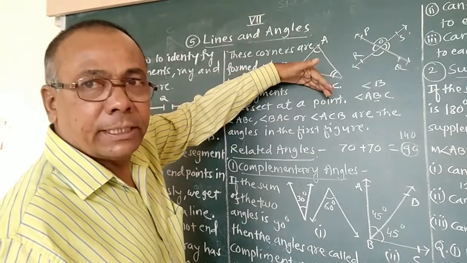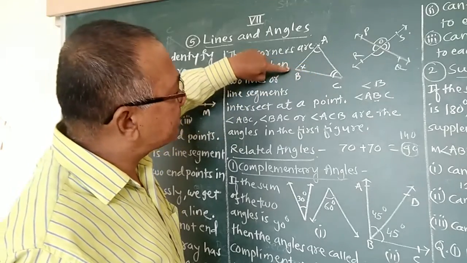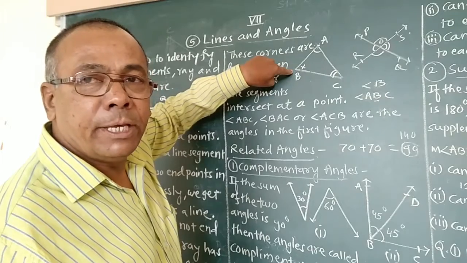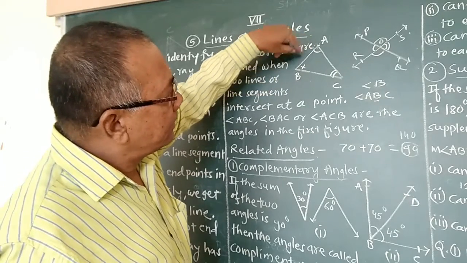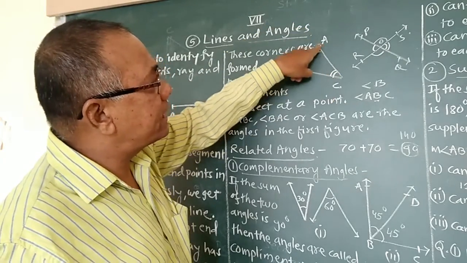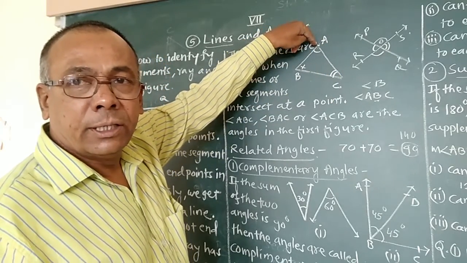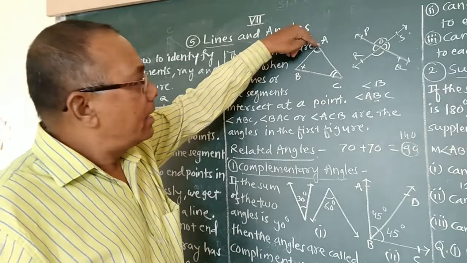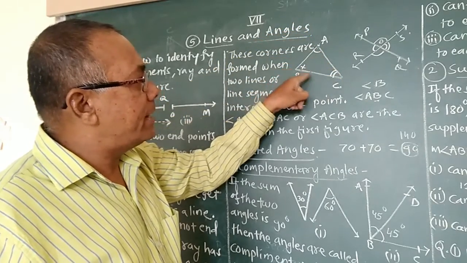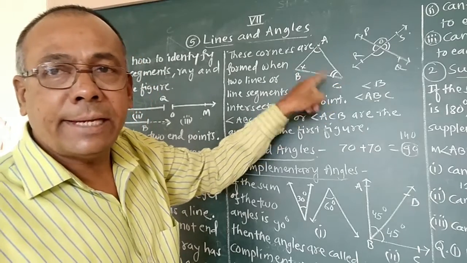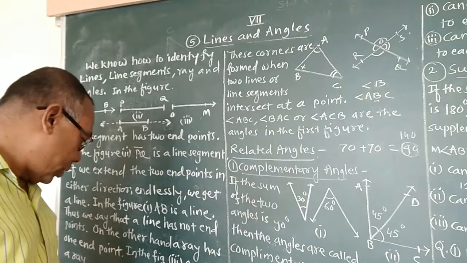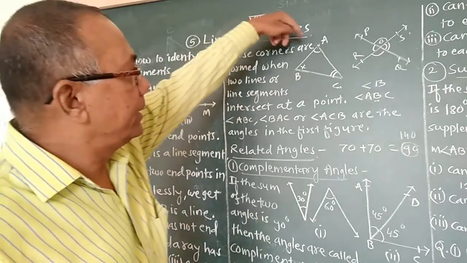AB and BC are two line segments that meet each other at B. Similarly, line segments BA and CA intersect each other at A. Similarly, line segments AC and BC intersect at C.